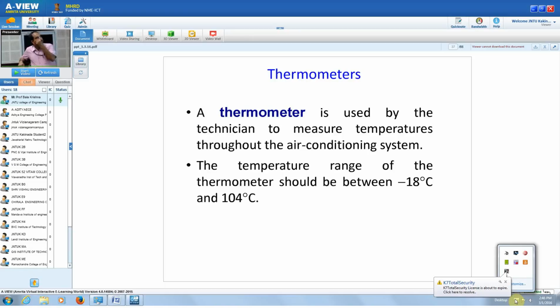Then coming to thermometers. A thermometer is used by a technician to measure temperatures throughout the air conditioning system. The temperature range of the thermometer should be between minus 18 degrees centigrade and 104 degrees centigrade.